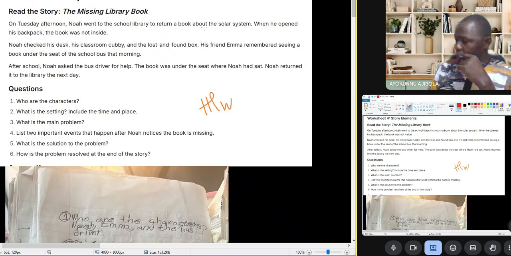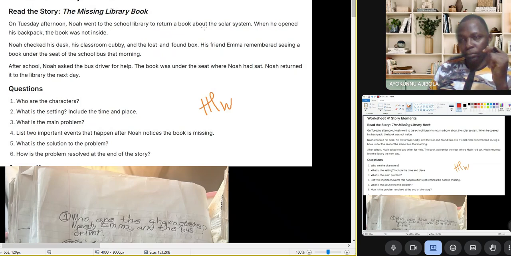After school, Noah asked the bus driver for help. The book was under the seat where Noah had sat. Noah returned it to the library the next day.